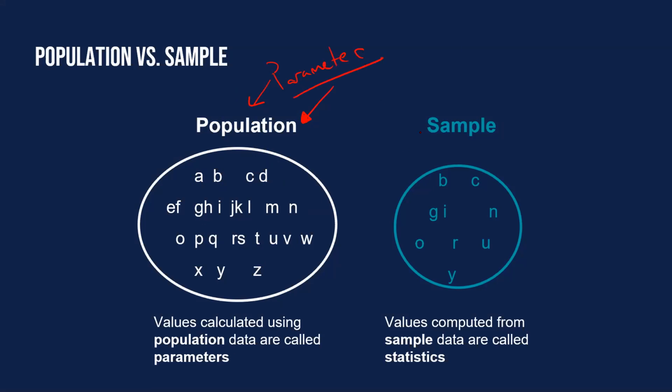But suppose you took a small sample of these 9 letters, and you calculated the average salary of these 9 letters, that would be a statistic. So parameters come from complete information and statistics come from a sample or a subset of the population. Does that make a little sense? The subtle difference there?